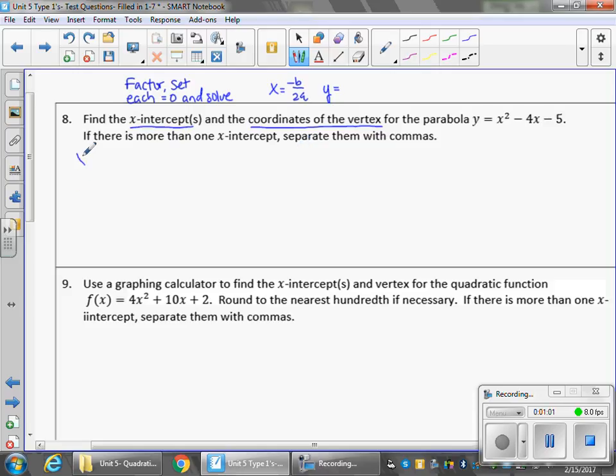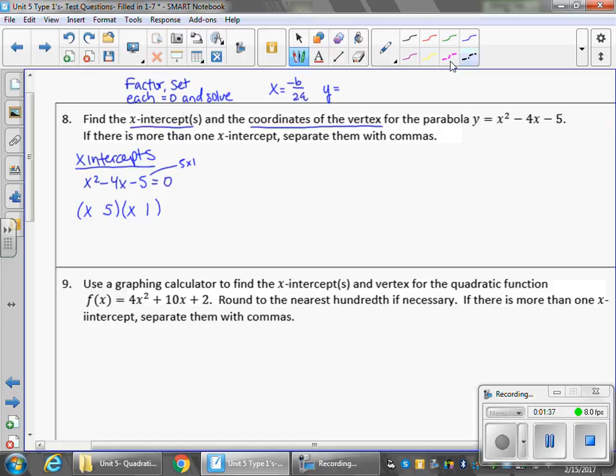So first, let's find our x-intercepts. Okay, so I have x squared minus 4x minus 5 equals 0. So this is nice because I have a leading coefficient of 1, which means only x times x will work, because that's x squared. 5 is prime, so only 5 times 1 equals 5. So 5, 1.